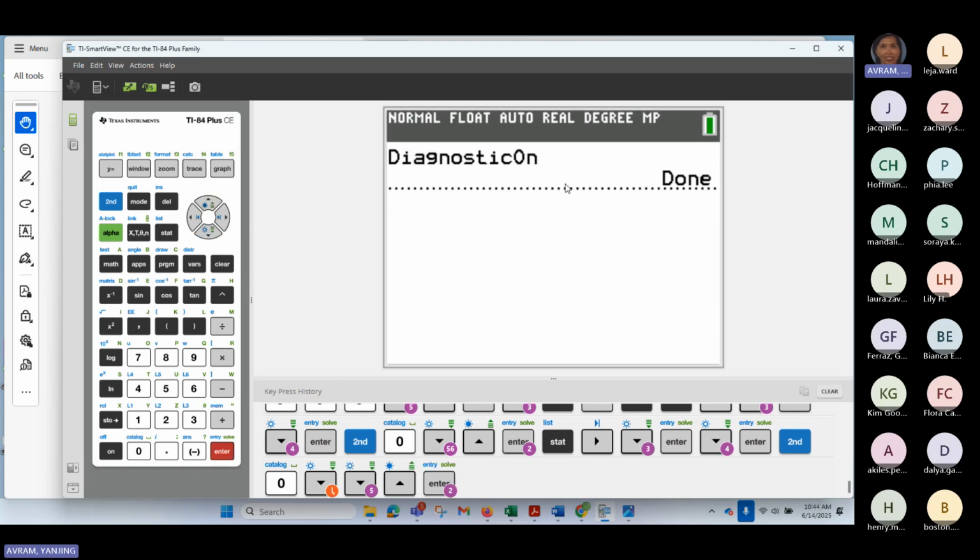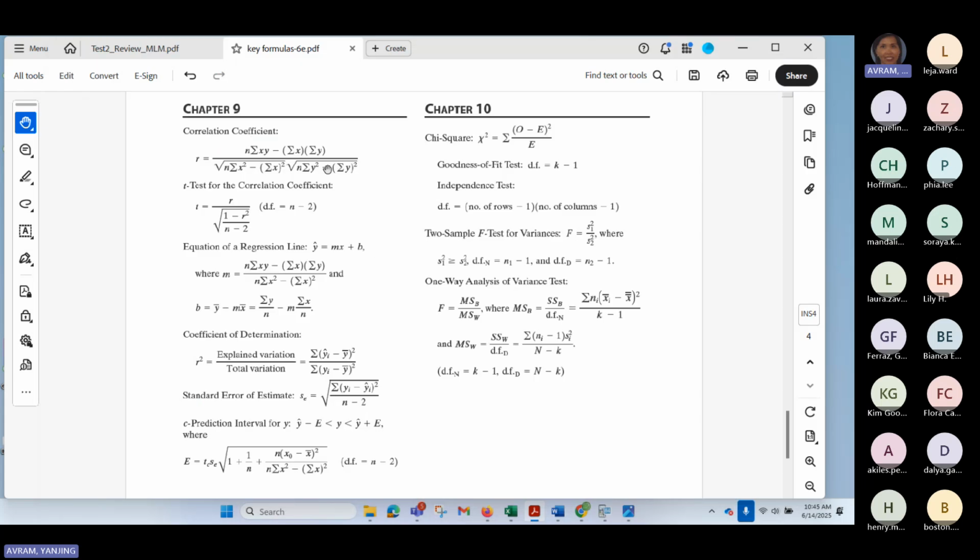When it shows Done, the R will show up when you do the linear regression. That way you don't have to use the big formula to calculate R. It's really easy to find from the calculator.